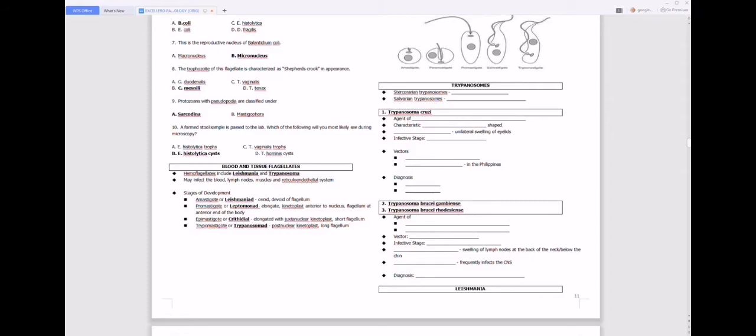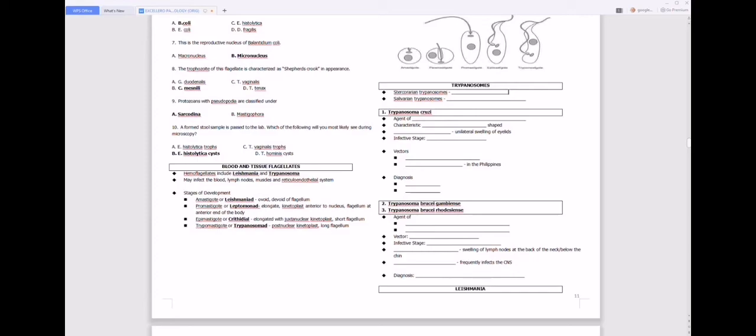So, there are two types of trypanosomes, stercorarian and salivarian. So stercorarian trypanosomes are found, kaya siya stercorarian kasi it is found in the stool, or ini-inject niya yung stool, or in fact ang stool ng vector is infected with the trypanosomes.